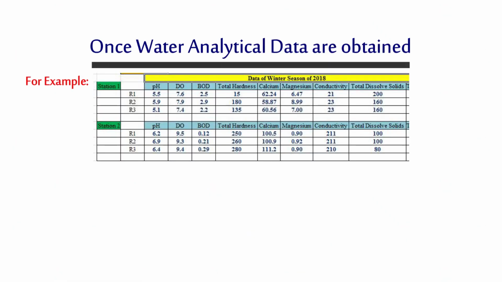Next, once you have the water quality analytical data, then the next stage is what are you going to do with the water quality analytical data? For that, there are two options or ways in which the data can be used in order to generate the desired information about the water quality.